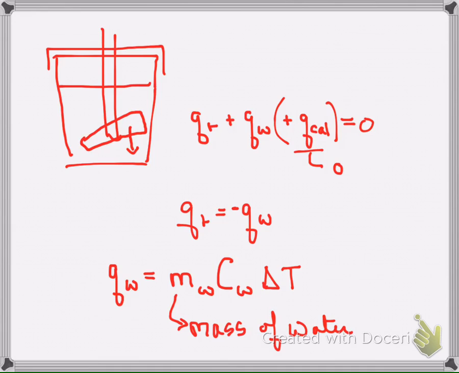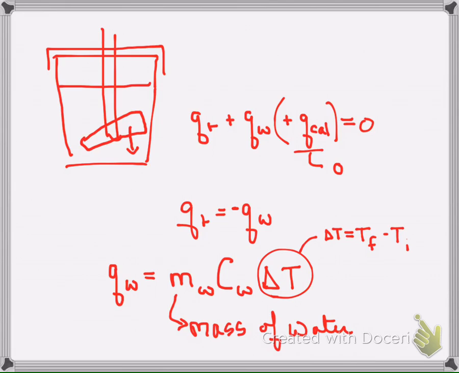So that actually represents temperature change, and delta T is your final temperature minus your initial temperature. So let's say your temperature goes down. That number is going to be negative. If your temperature goes up, that number will be positive.